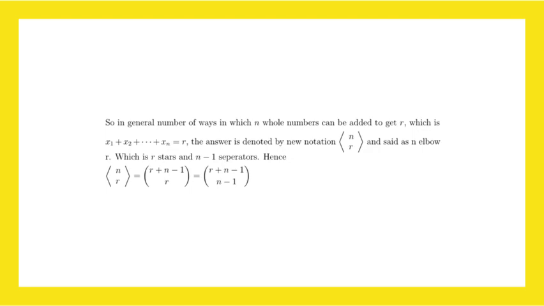The answer is denoted by the new notation n elbow r, which is r stars and n minus 1 separators. Hence, n elbow r is equal to r plus n minus 1 choose r, or r plus n minus 1 choose n minus 1.